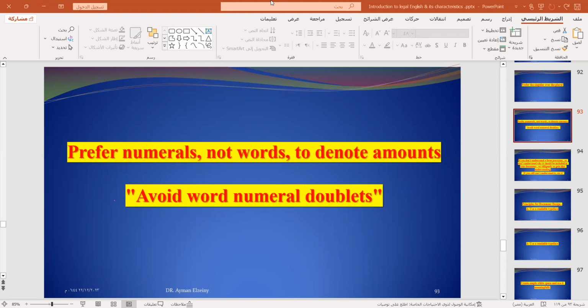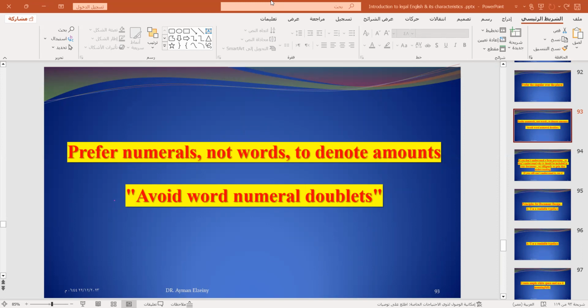Another example: we don't prefer to write the following paragraph as follows. The licensee agrees to pay the licensor two hundred thousand dollars ($200,000) within 7 days after the execution of such agreement.